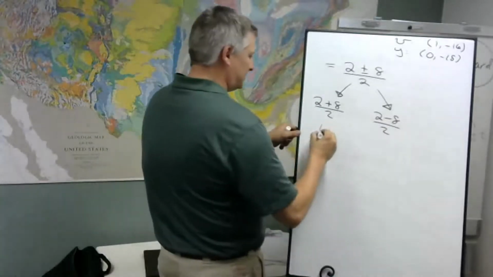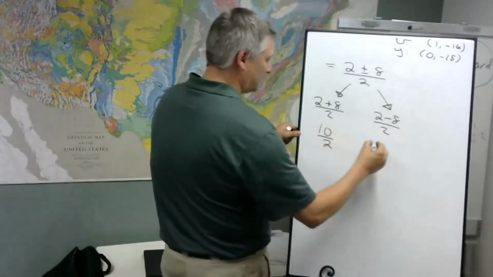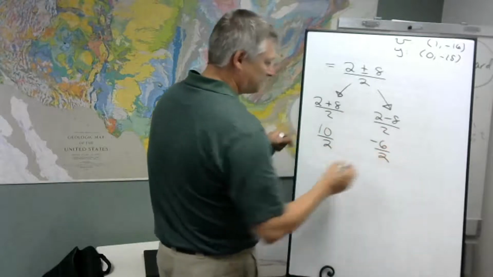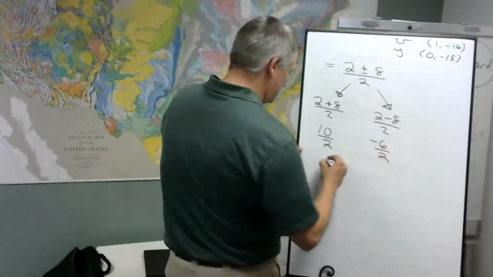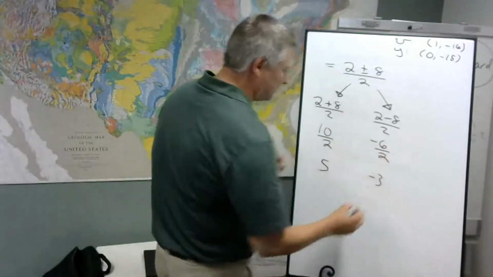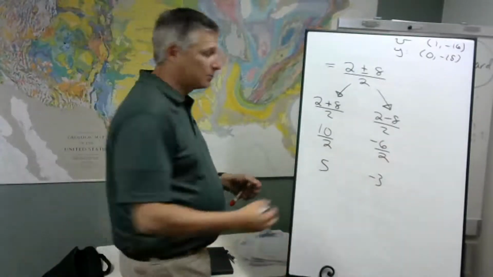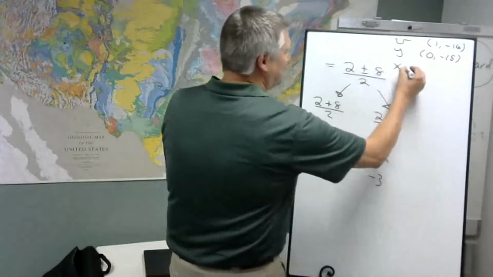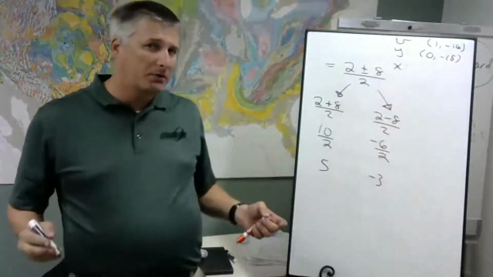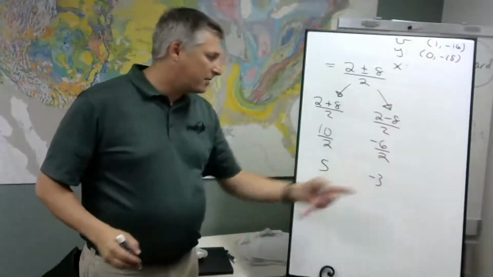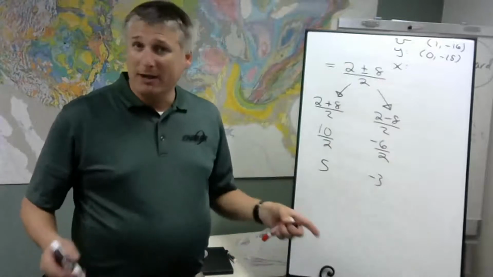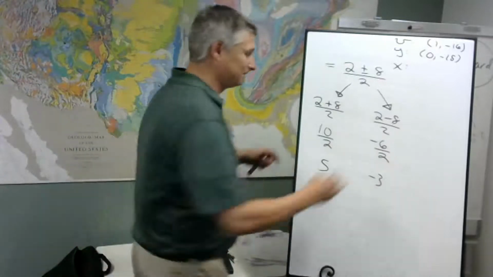So this will become 10 over 2, negative 6 over 2, or 5, and negative 3. So the two x-intercepts we're going to get. And remember, with the x-intercepts, the y-coordinate's always 0. These are the x values, y values always 0.